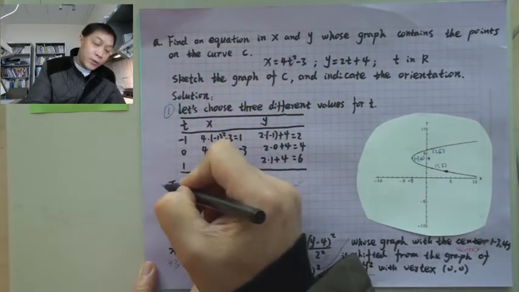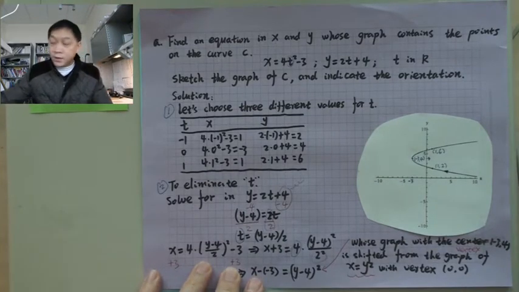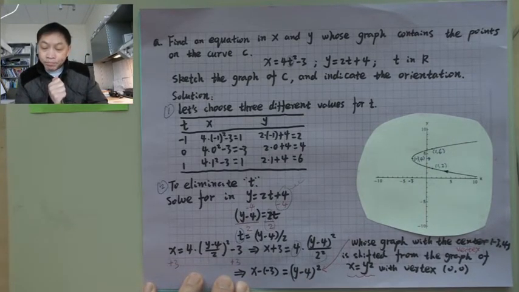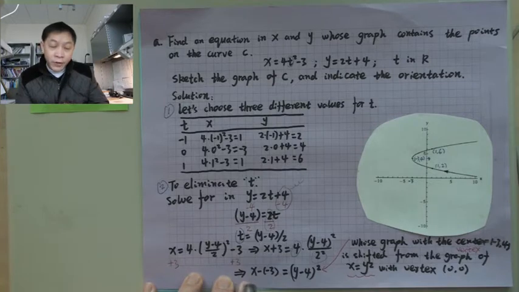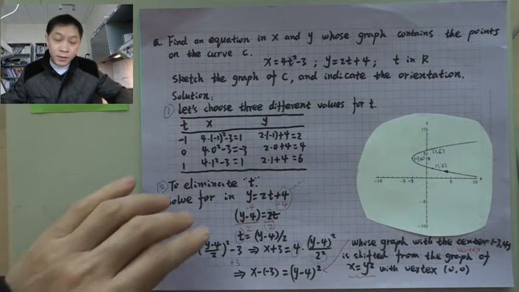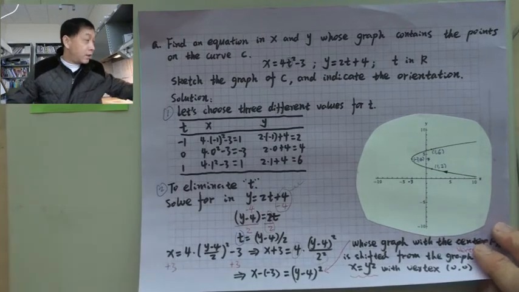Choose the t values. Second is to eliminate the parameter t. Then you know how the graph looks like. This is the standard form for the parabola. Okay? For the parabola. Alright. Now, let's look at the second example.